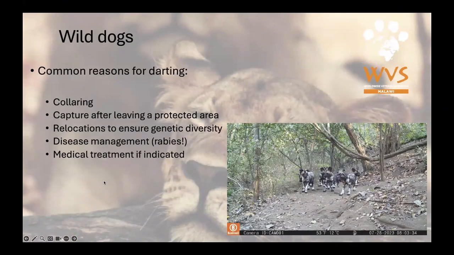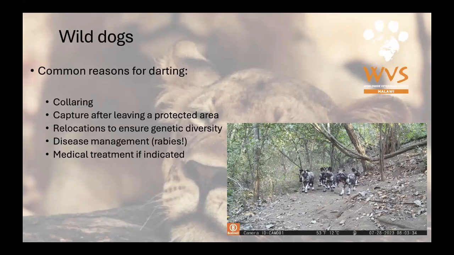And then the last species, wild dogs. In Malawi, we had wild dogs we introduced a few years ago in Majete and in Liwonde. Common reasons for darting are to put collars on, to capture them after leaving a protected area, and relocations to ensure genetic diversity of this meta-population.